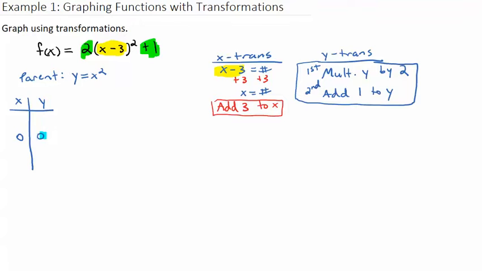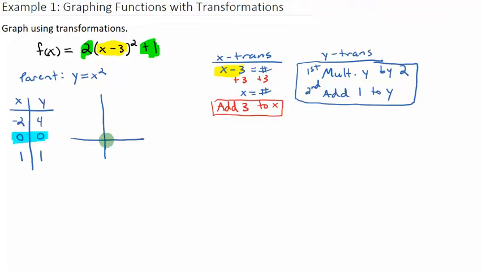So I will use that point as our reference point in the middle, and then I'll choose a point where x is less than 0, such as negative 2, and I'll choose an x value bigger than 0, like 1. And if x is negative 2, y is negative 2 squared, which is 4, and 1 squared is 1.